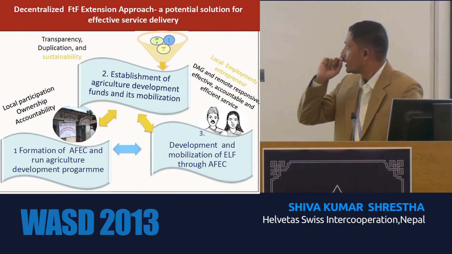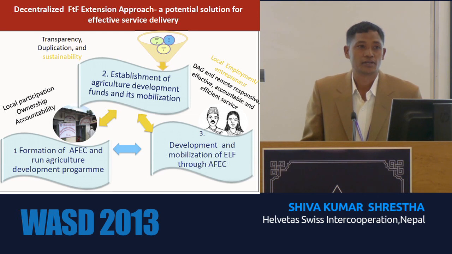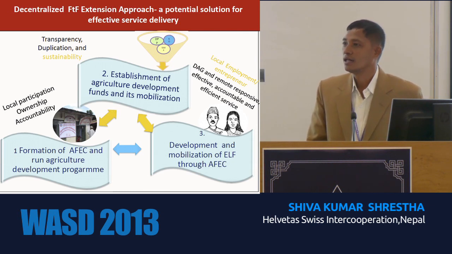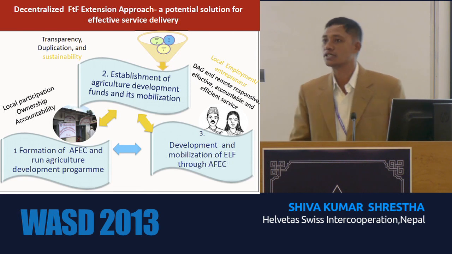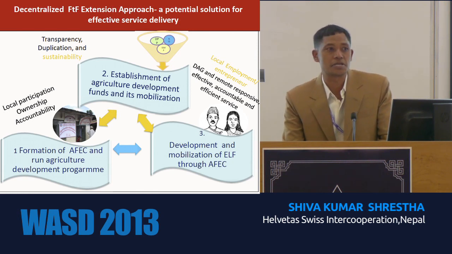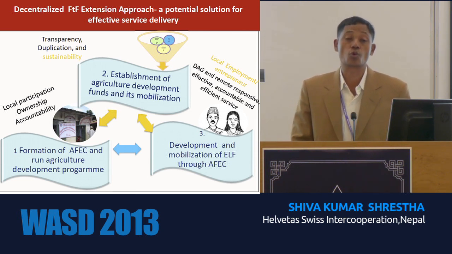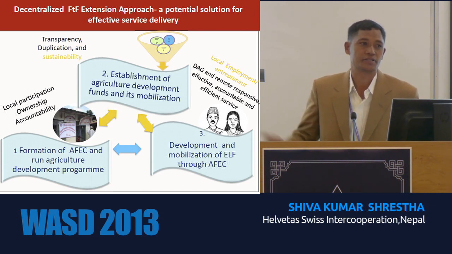And all the donors and development partners, as well as the government, basket their funds in that unit. Then the planning will be done by the Agriculture, Forest and Environment Committee with the participation of local people. At that time, we found that there is strong coordination and public, private, and people's participation from the very beginning of the planning process.